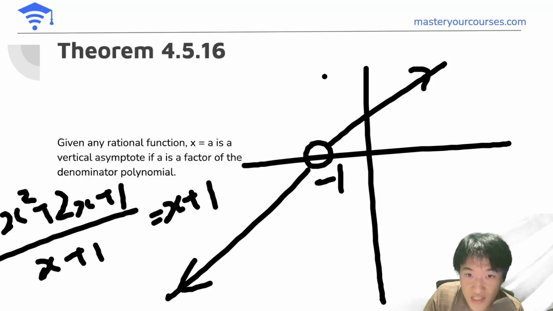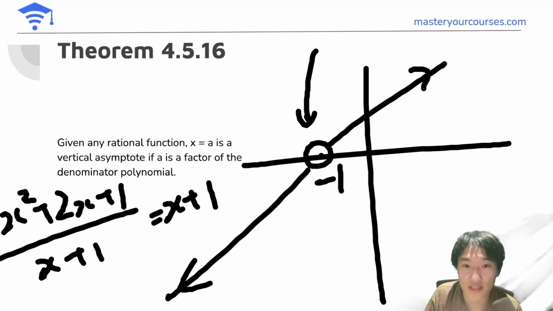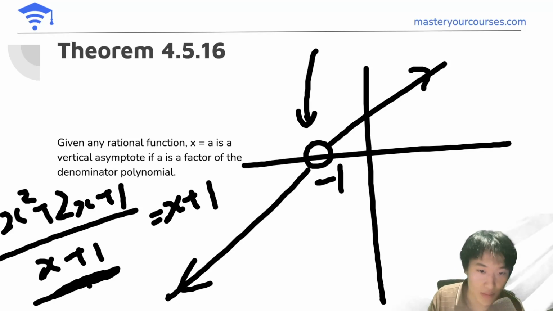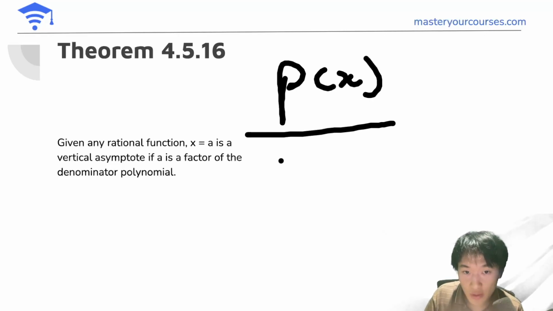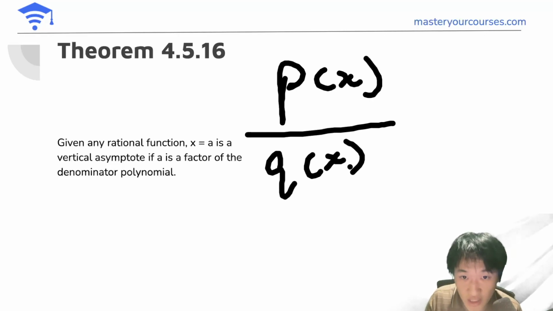But we do have this non-existent point in the graph. So what is the lesson here? The lesson is you have to be careful with whether or not this factor at the bottom is actually divisible. So this theorem works out as long as you know that the polynomial up here and the polynomial down here, once factored, don't actually share any factors.